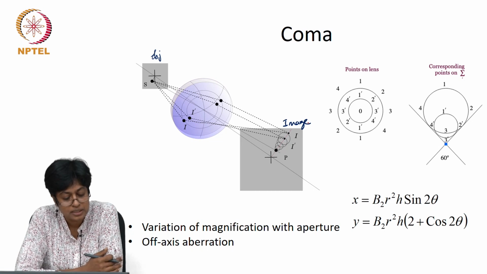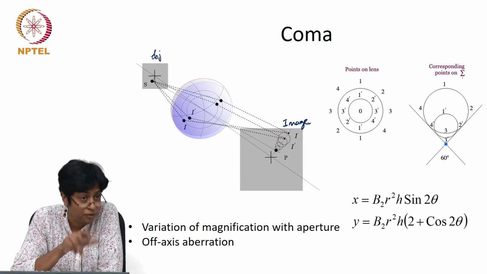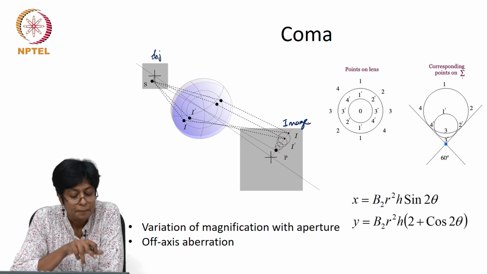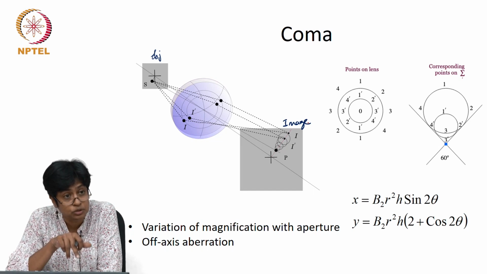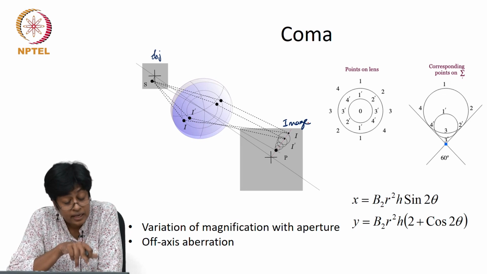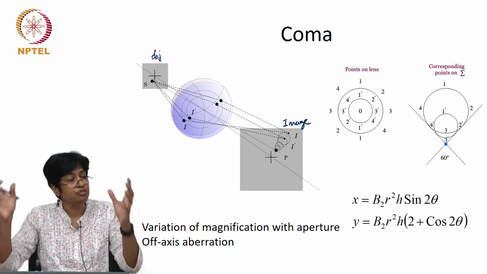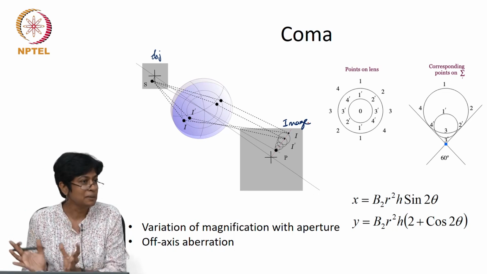What has been traced here is a set of rays all coming from the same off-axis object point, but these rays are all traveling through different regions of the lens.